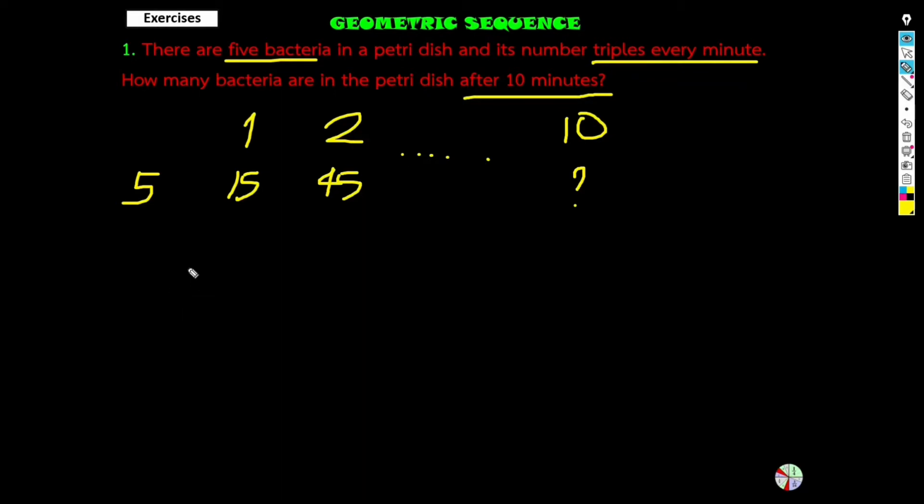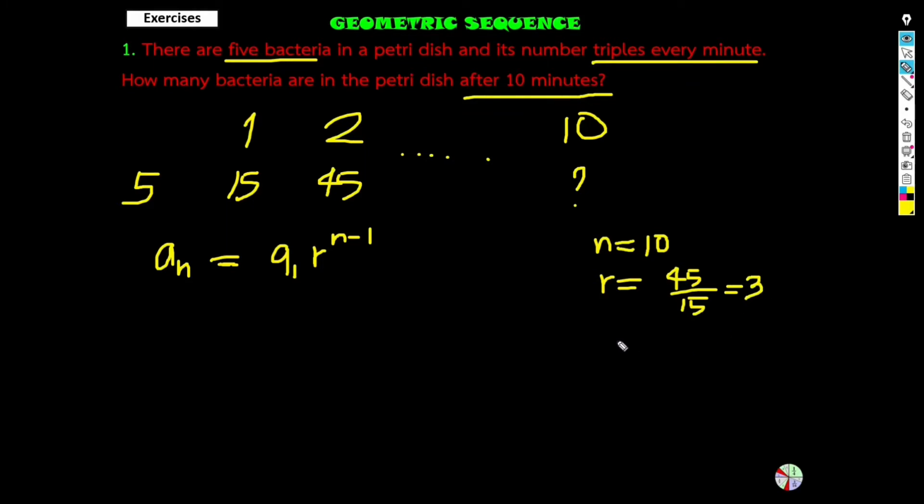The formula that we're going to use is a sub n equals a sub 1 multiplied by the ratio to the power of n minus 1. So n is of course equal to 10, then the ratio is the second divided by the first, so that will be 45 over 15, which is equal to 3.